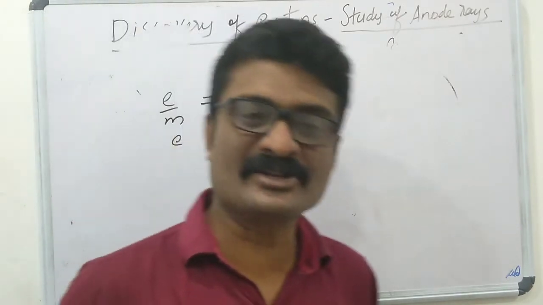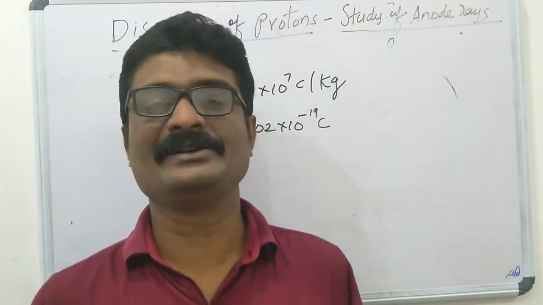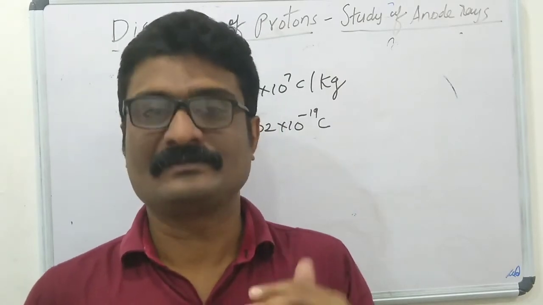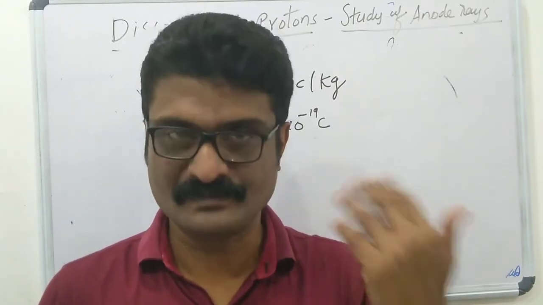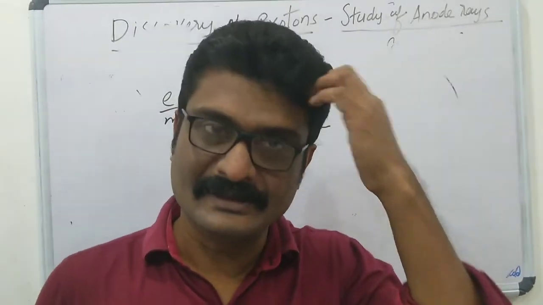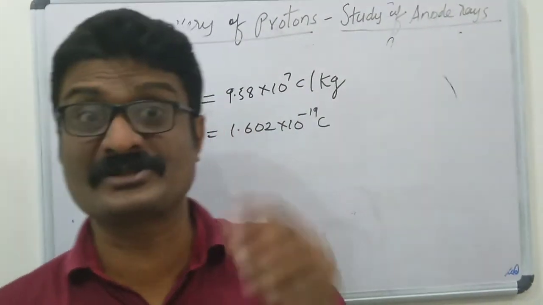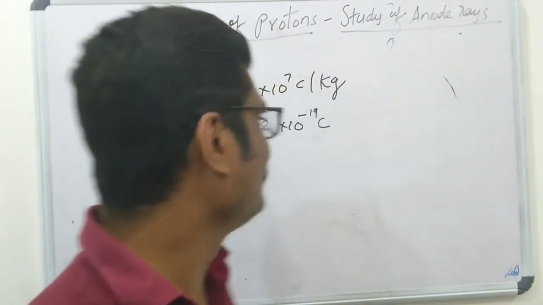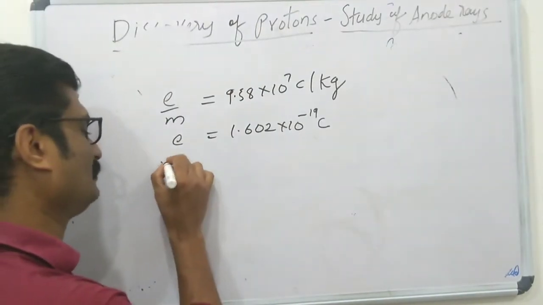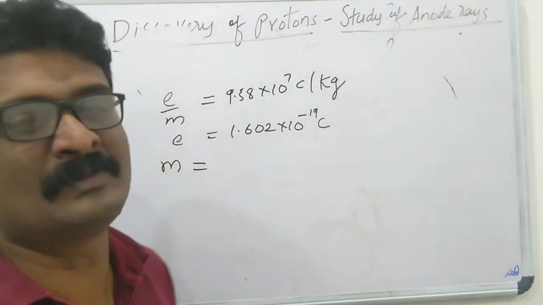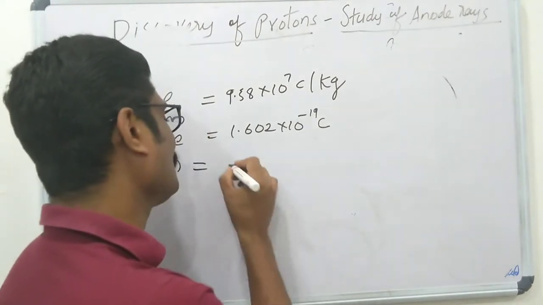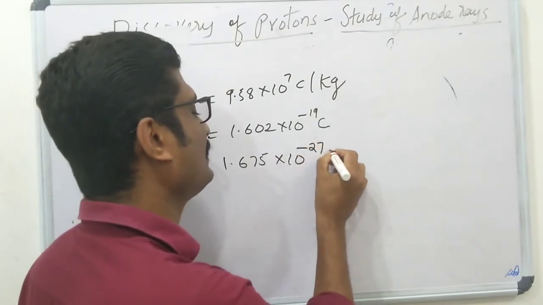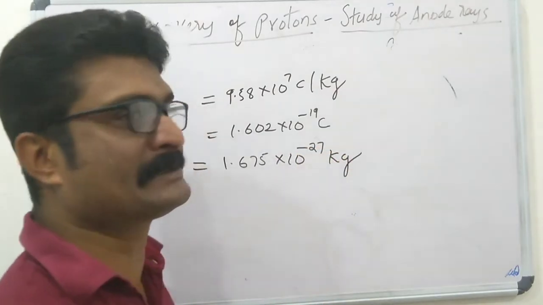That means the magnitude of charge of an electron is equal to that of a proton, they only differ in sign. If a proton carries 1 unit positive charge, an electron carries 1 unit negative charge. Then the mass of a proton is 1.675 × 10^-27 kilogram.